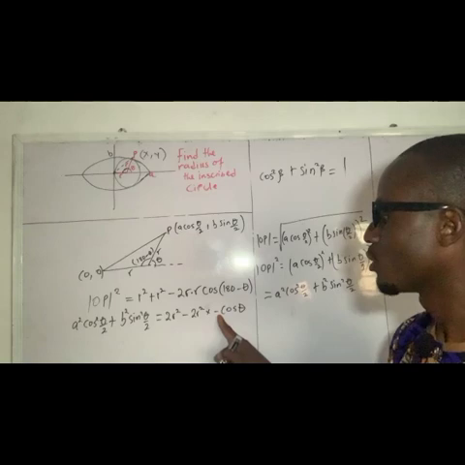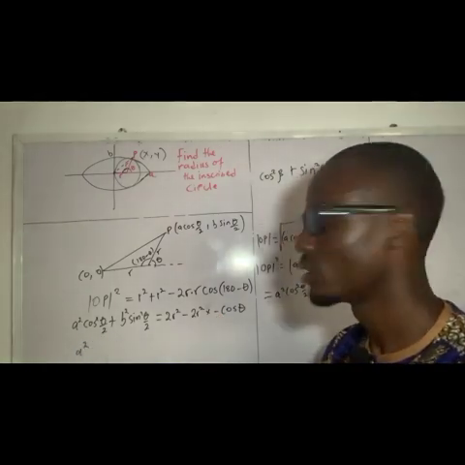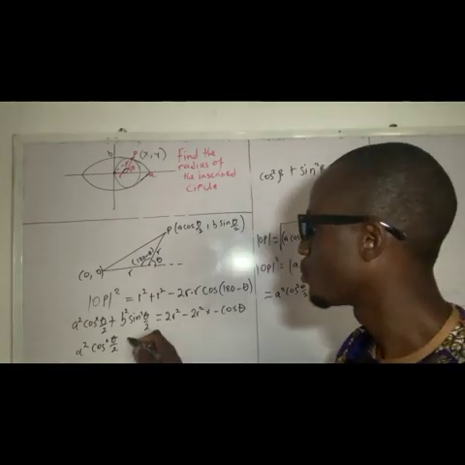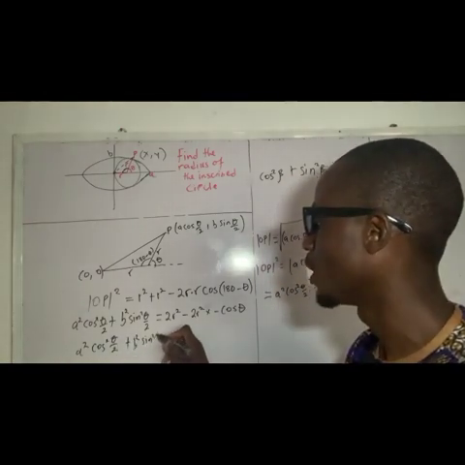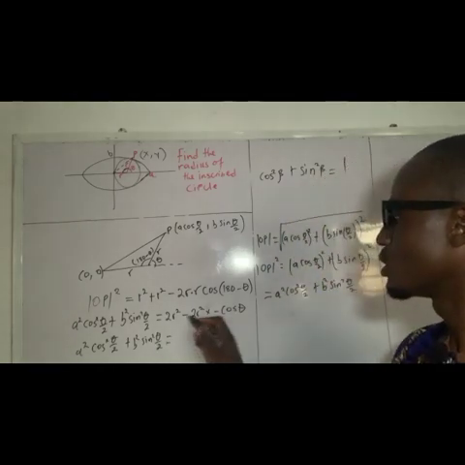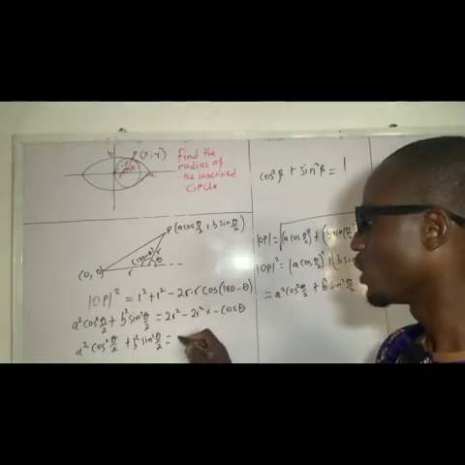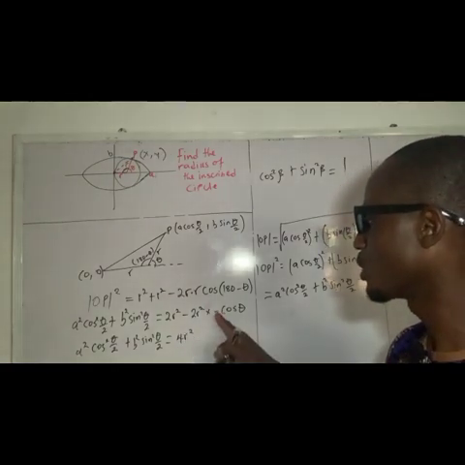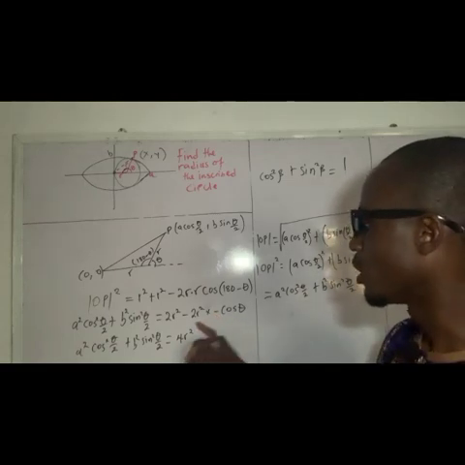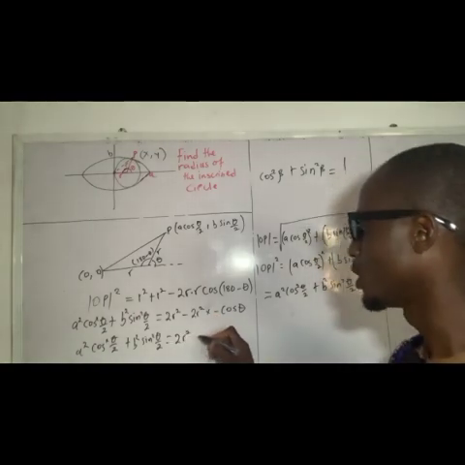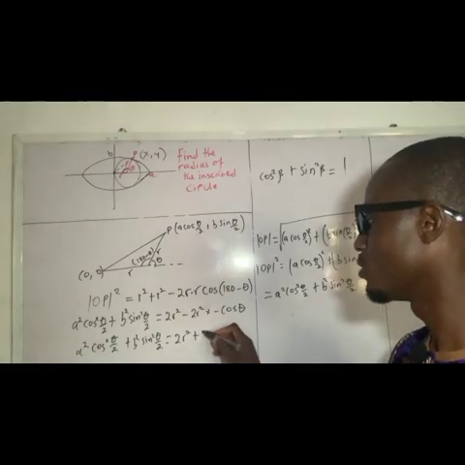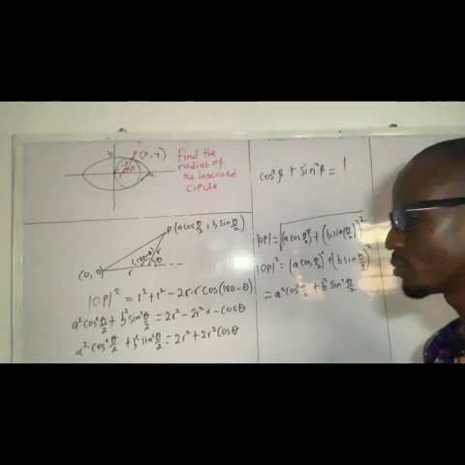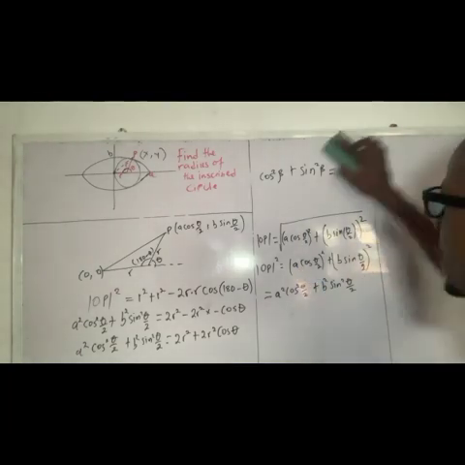So which means we are going to have a squared cos squared theta over 2, are we following, plus b squared sine squared theta over 2 all equals, this times this will be positive, so definitely we're going to have 4r squared minus 4r squared. By the time you multiply this and this you get positive. You can add that straight away, so 2r squared, then plus 2r squared cos theta. Okay, this is where we are. Let's move on again.